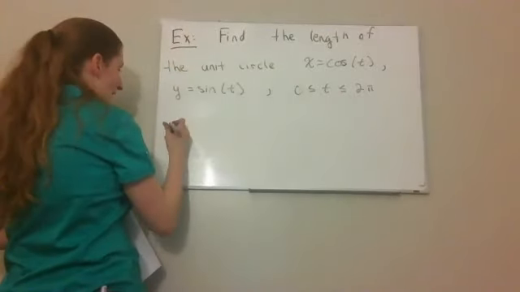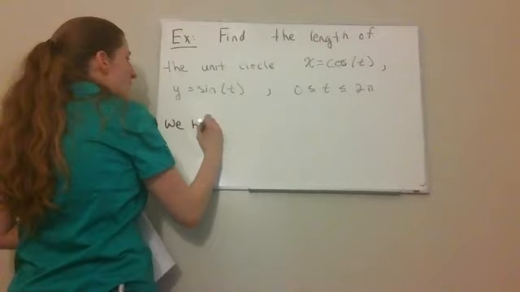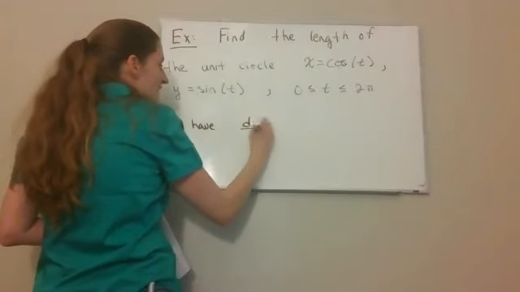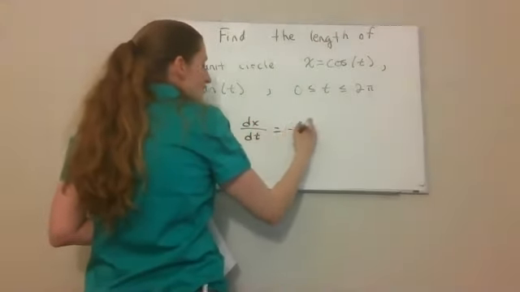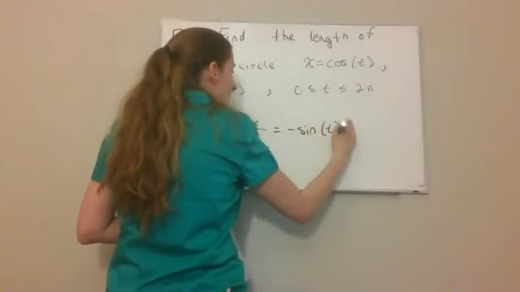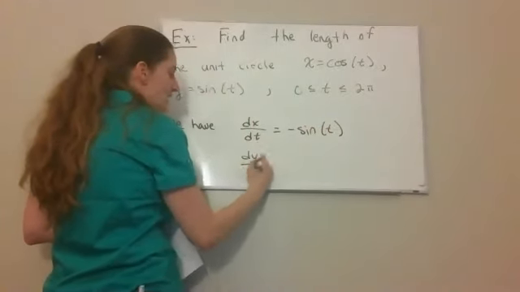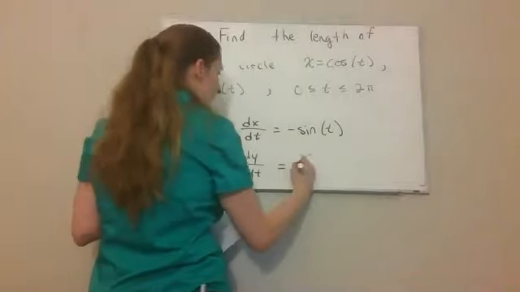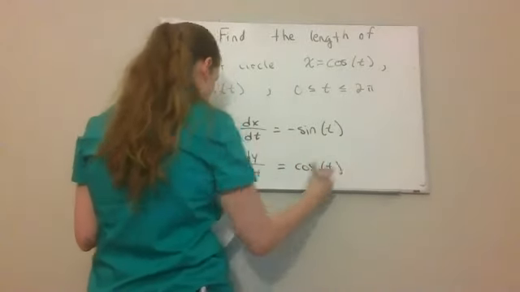So notice that my dx/dt is equal to negative sine t, and my dy/dt is equal to cosine of t.